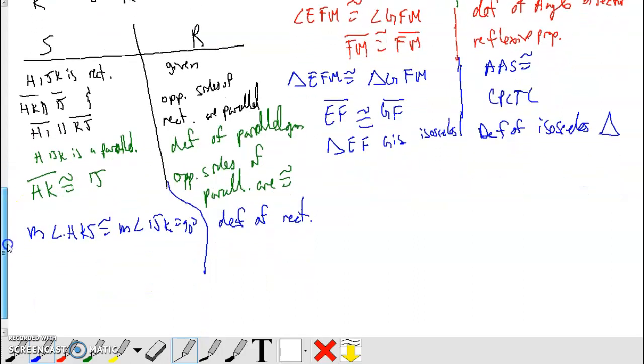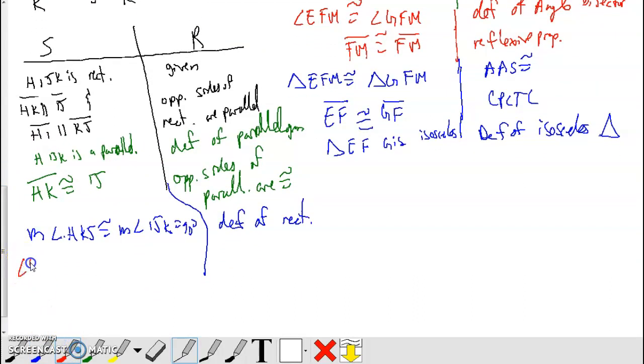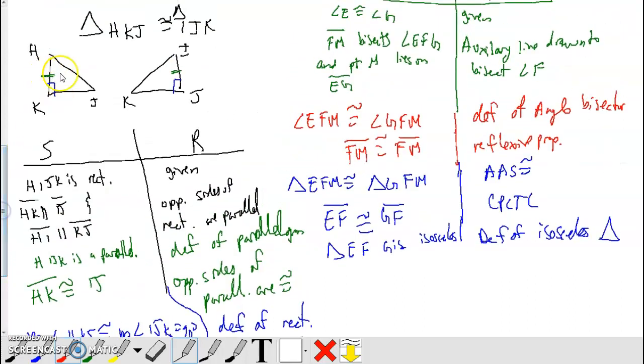If you wanted to, you could put that information. We could say that angle HKJ is congruent to IJK, by definition of congruency. That brings us back to previous chapters. So now I have a side, I have an angle, and I have an angle. The last one is going to be this guy right here.